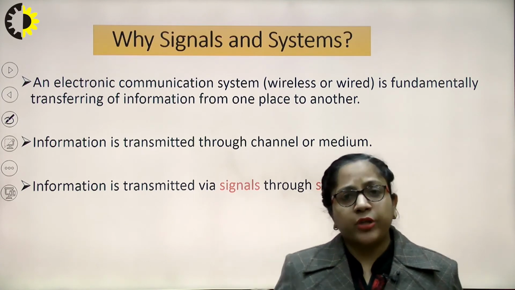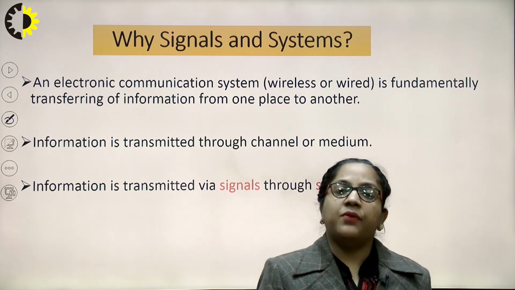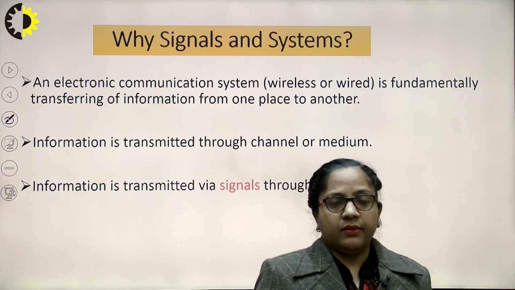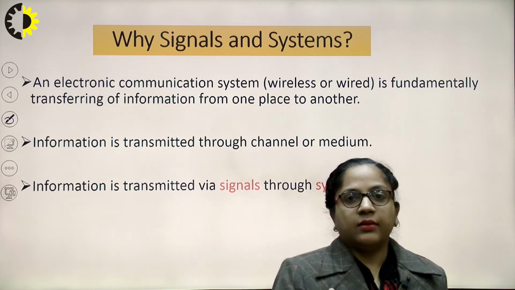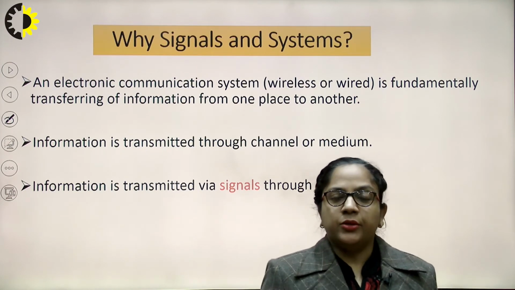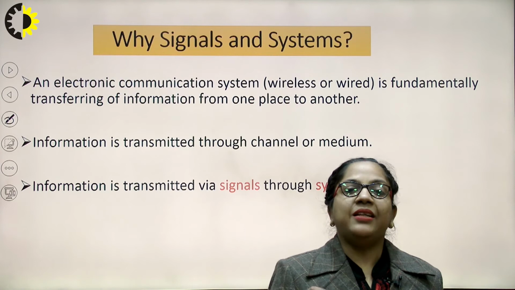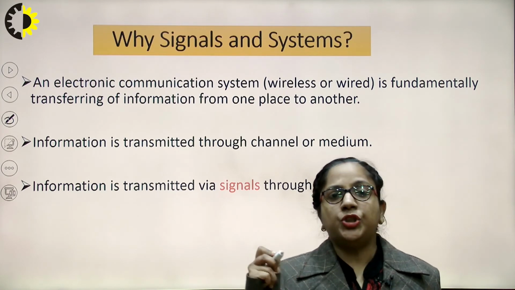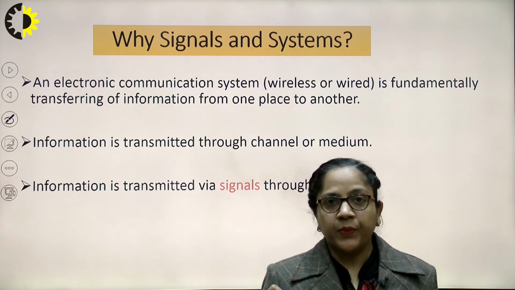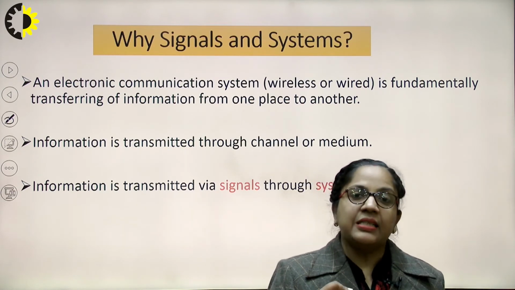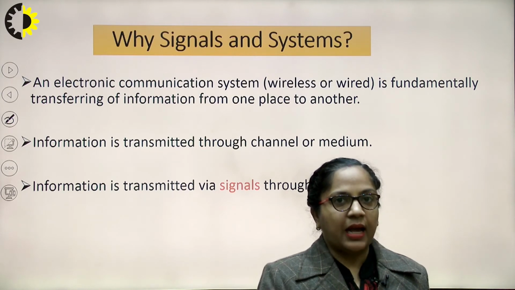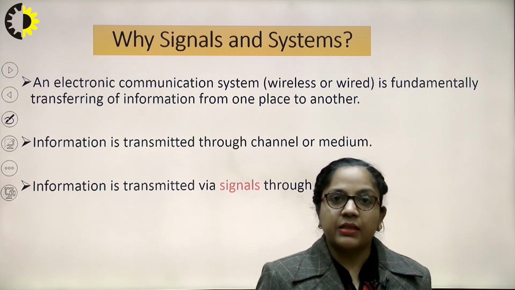So, in an electronic communication system, whether wired or wireless, the fundamental entity required to convey the information will be in the form of a signal. Information is transmitted through a channel or medium, with the help of some signals and with the help of a system.